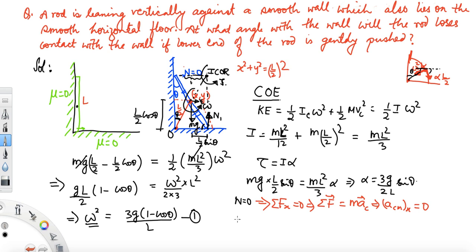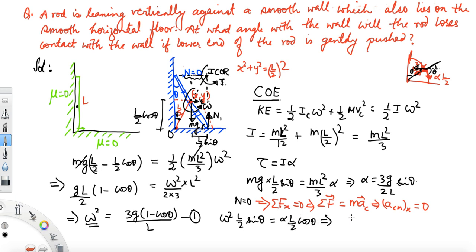So we can say omega square L by 2 sine theta, component of omega square L by 2 in this direction, and this angle is 90 minus theta, so this angle is theta, vertically opposite angle, and this must be equal to alpha L by 2 cos theta.